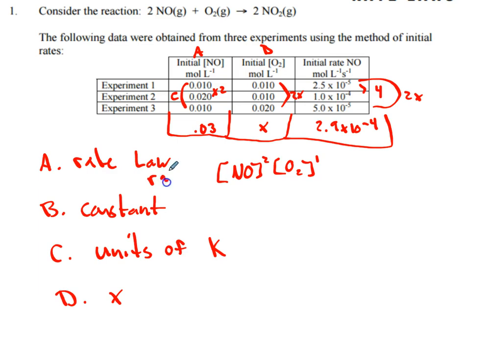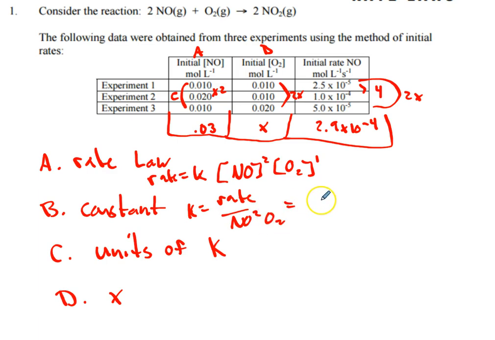So my rate equals K times those things. How do we feel about that? Who had that part right? That's not as many as I'd hoped. All right, the constant, then you just plug and chug. So K is equal to rate over NO squared and O2 to the first.